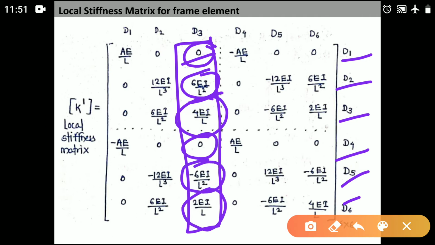So these values correspond to the moment at A corresponding to this degree of freedom D3, which is rotation at A.